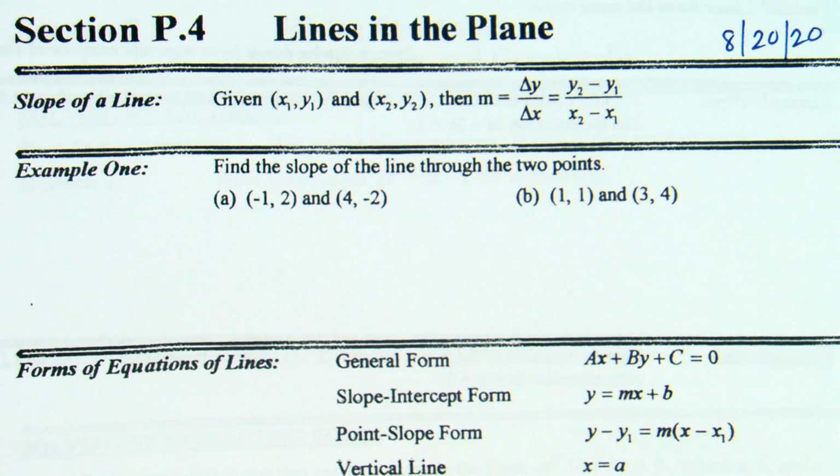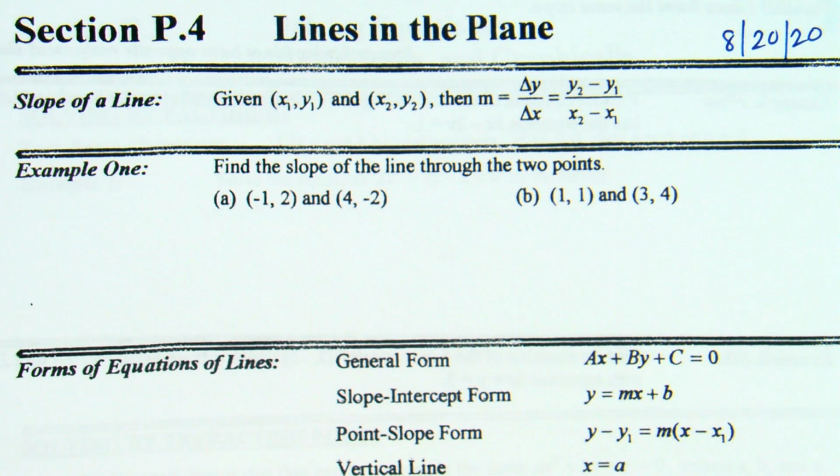Slope. What do you guys remember about slope? Okay, so I heard y2 minus y1 over x2 minus x1. So that's where you're subtracting the y's over subtracting the x's. Did either of you say the phrase with r's?